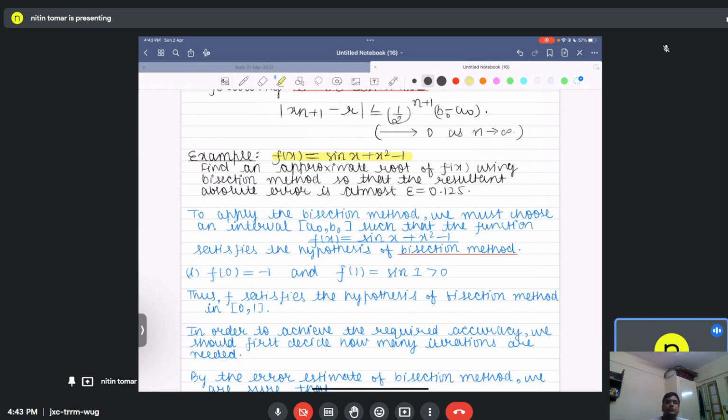So in this example, we see an application of the bisection method.